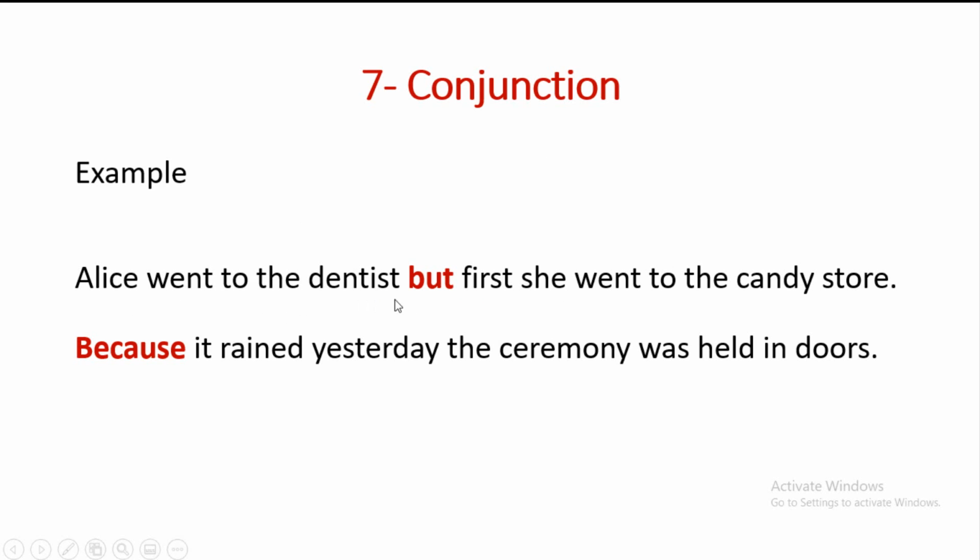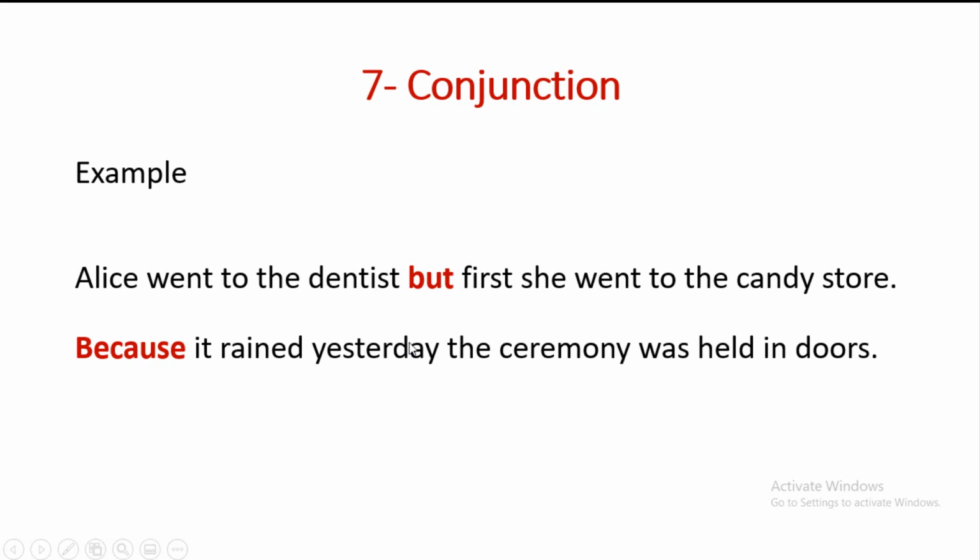Okay, Alice went to the dentist, but first she went to the candy store. Here, but comes in the middle of the sentence. The conjunction here is placed in the middle of the sentence, but a conjunction may also come at the beginning of the sentence, like this conjunction.